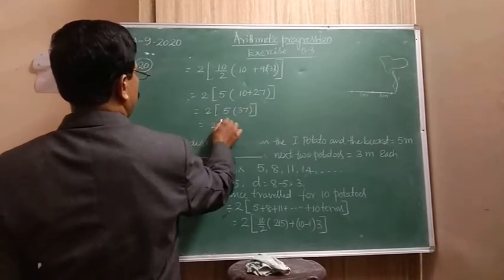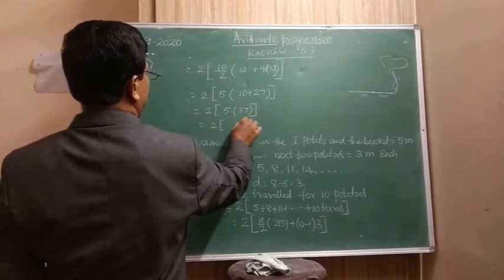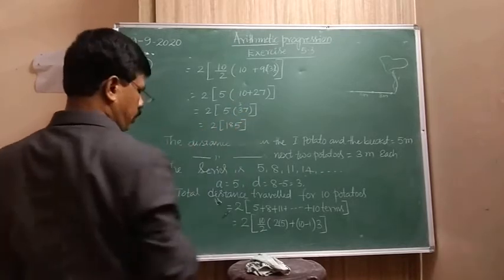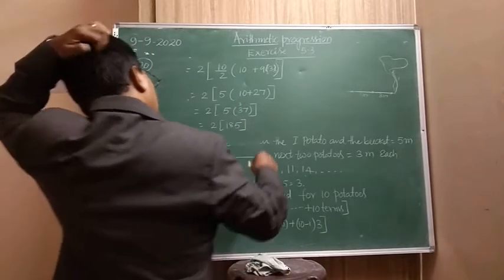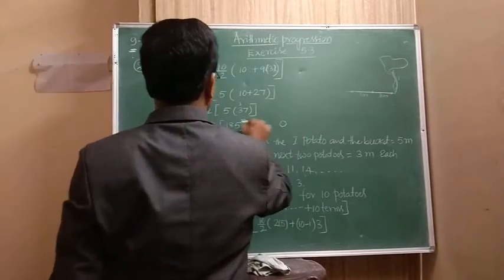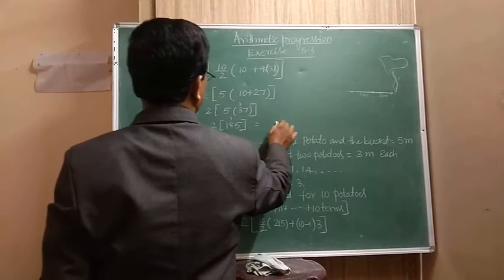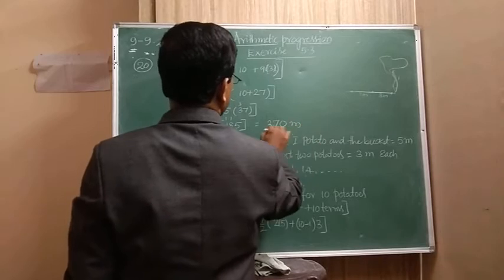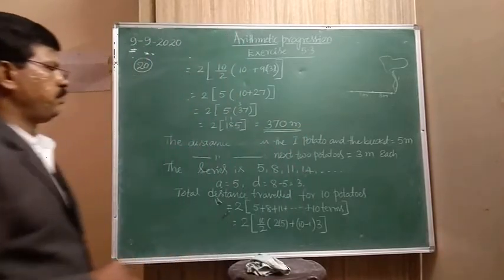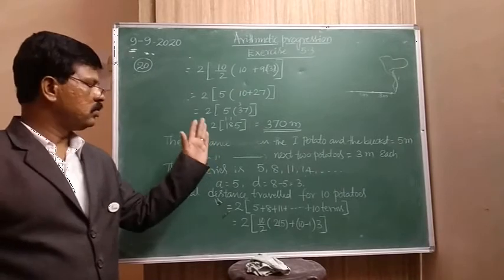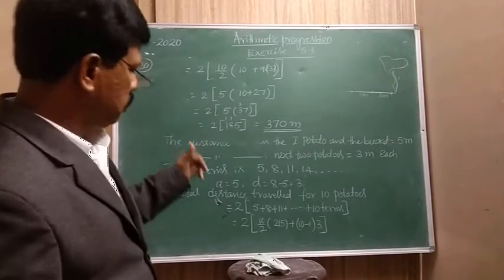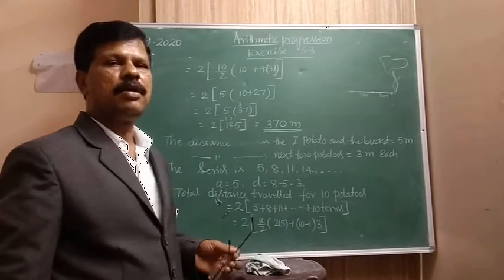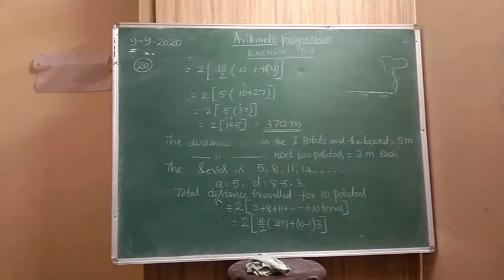And this is 2 into 5 sevens are 35, 3 fives are 15, 18. Now, what is this? 2 fives are 10, 1, 2 eights are 16, 1, 17, 1, 2 ones are 2 plus 1, 3. 370 meters. Clear this? So this is the distance covered by the competitor to pick up 10 potatoes. Clear?